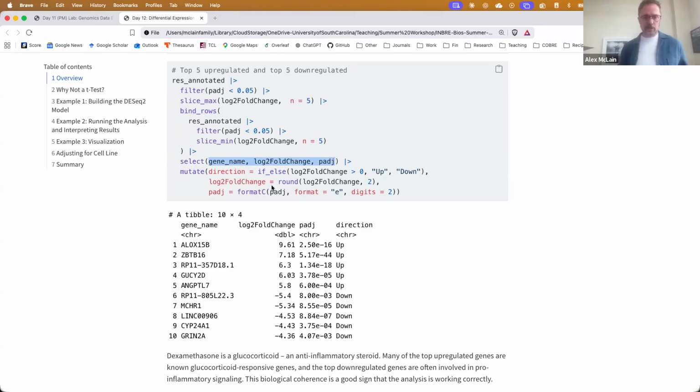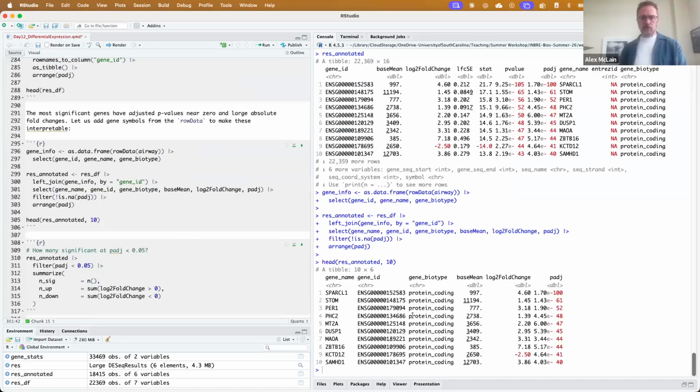The log2 fold change, just rounding it. P adjust, just making sure it gives it to us the way we want it, with that E, so it's times 10 to the whatever value we give it. And this is the data set that we run.